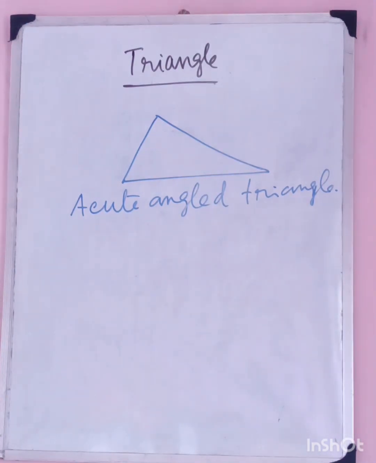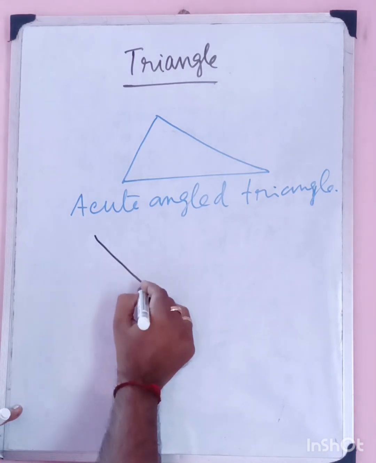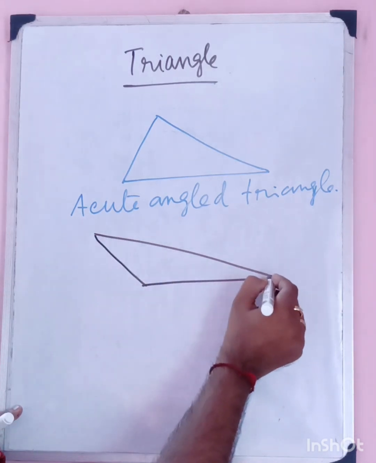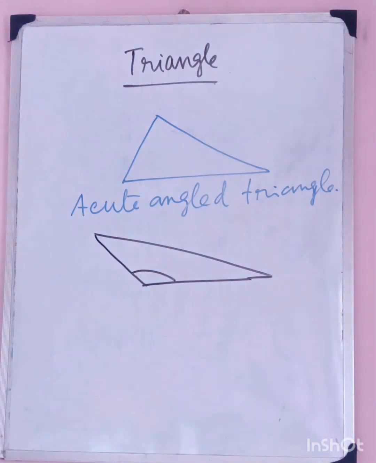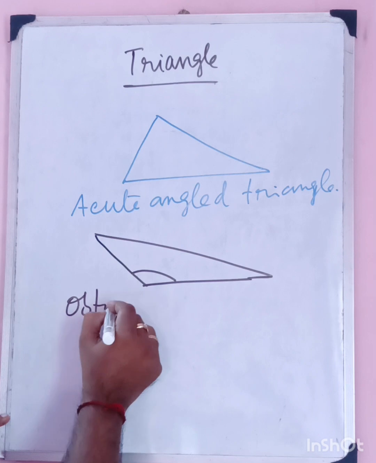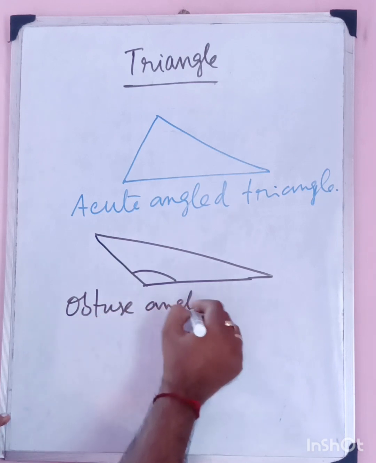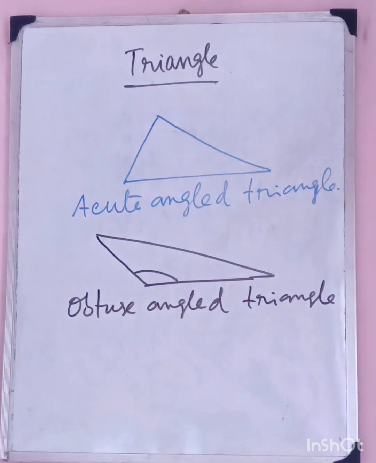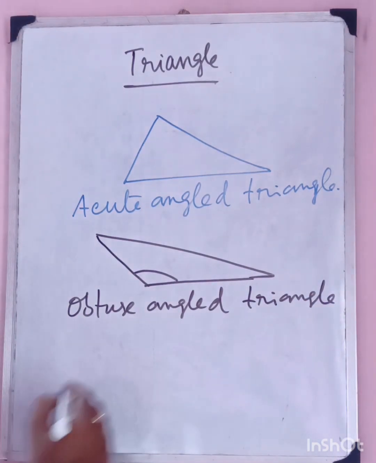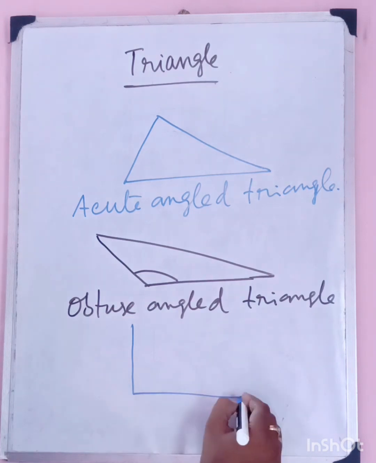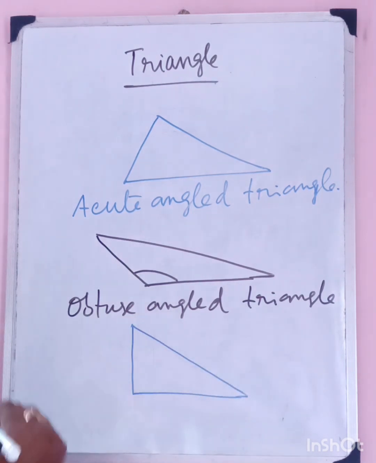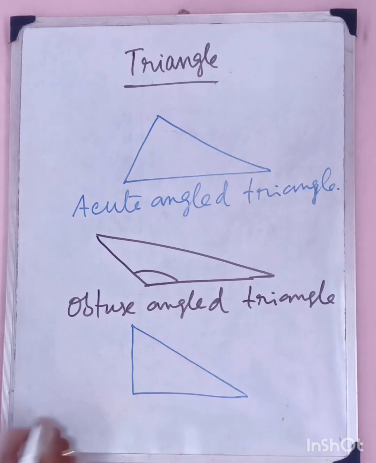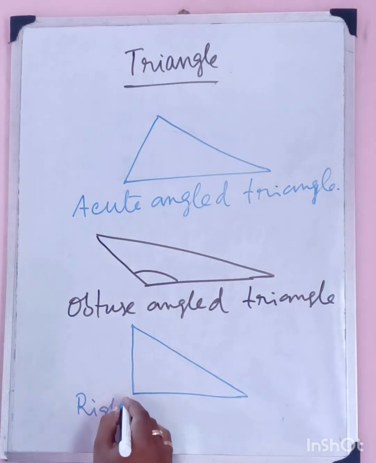But if one of the angles is obtuse, like this angle is an obtuse angle, this is called obtuse angled triangle. And if one angle is a right angle like this, it is called right angled triangle.